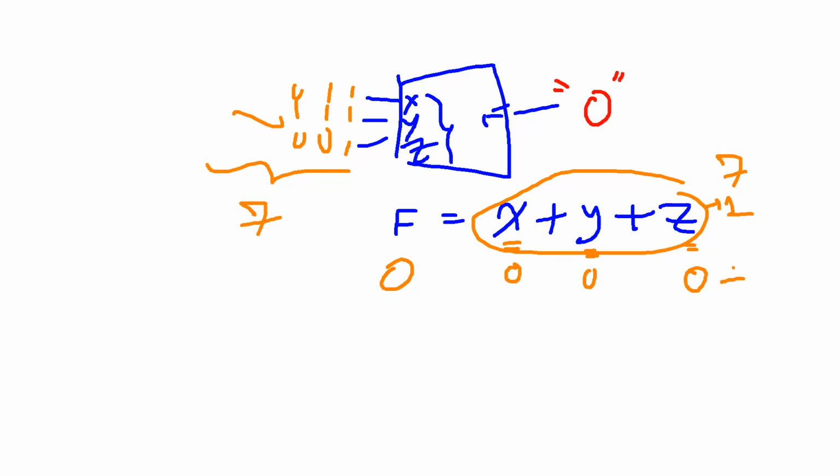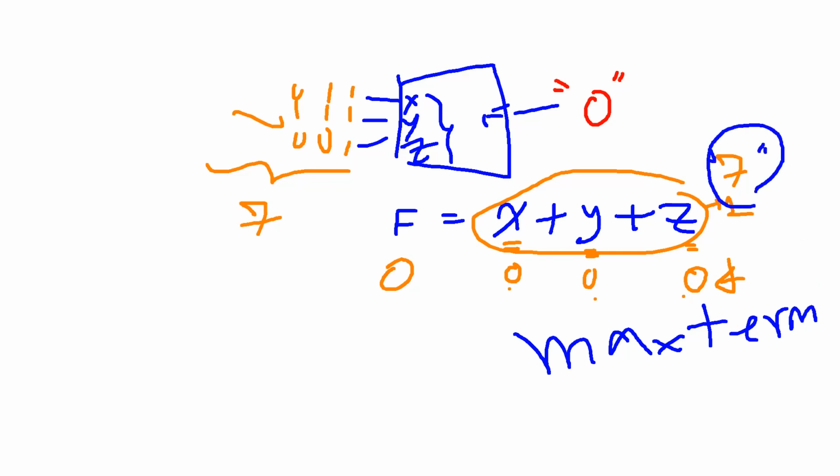But only one case makes this term 0, when the value is 0 0 0. This kind of expression is called a max term: the maximum number of cases make the output 1, and only one case makes the output 0.